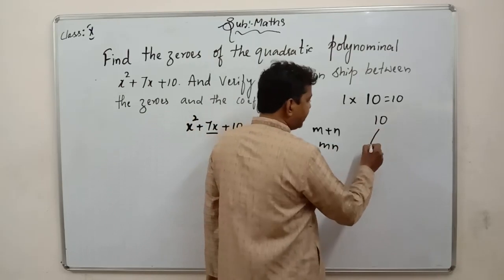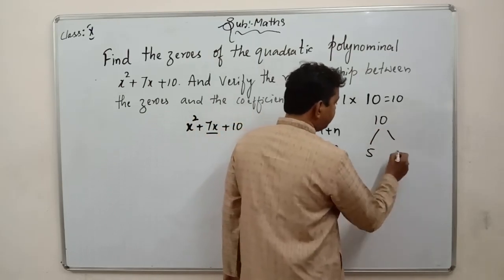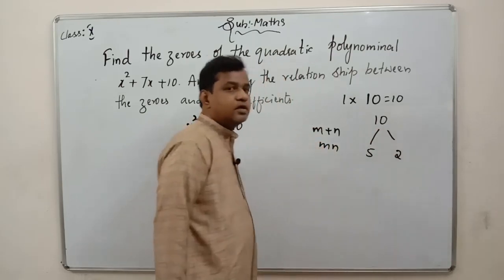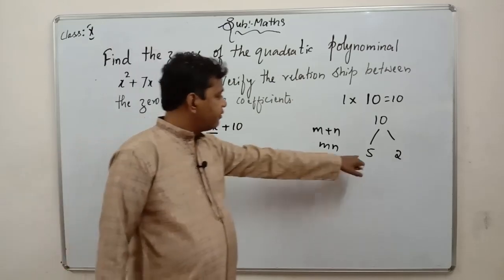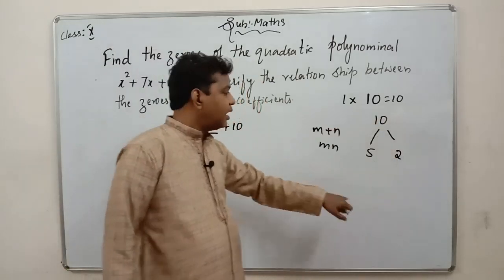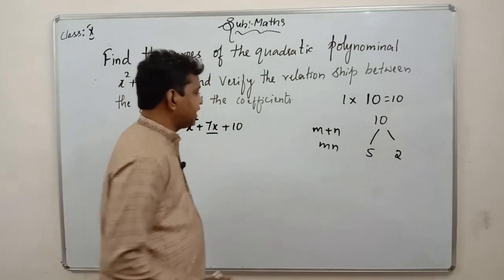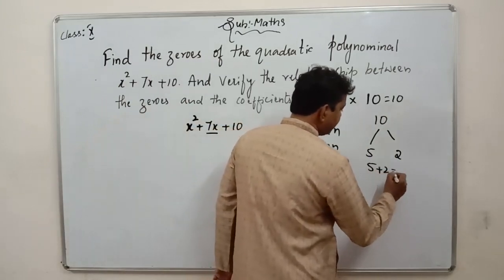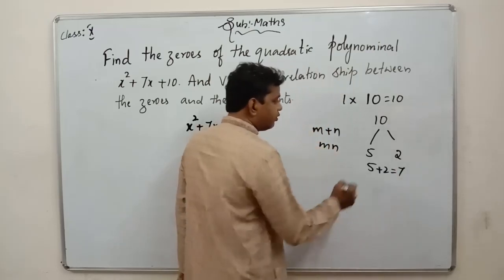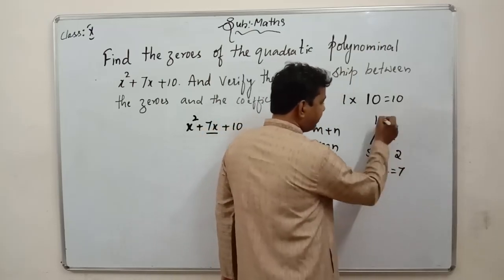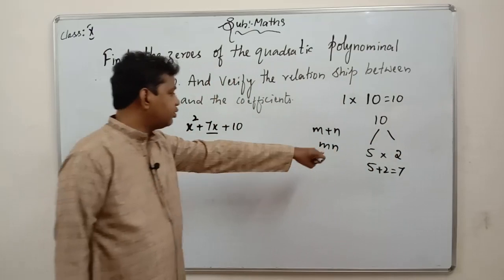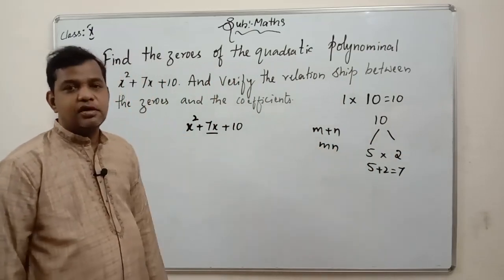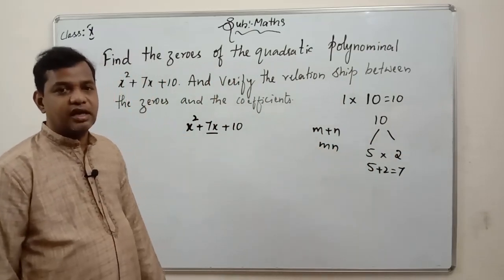So 10 can be written as 5 into 2. Five into 2 you get 10, and 5 plus 2 you get 7. So let us see what are the roots of the given quadratic equation.